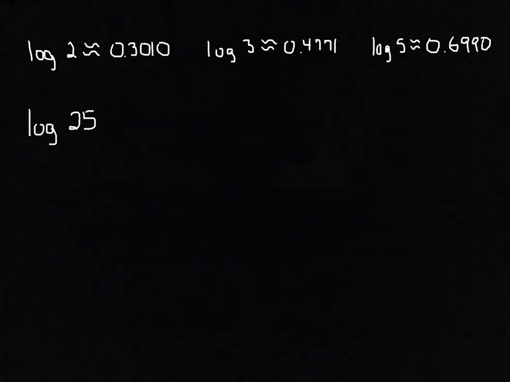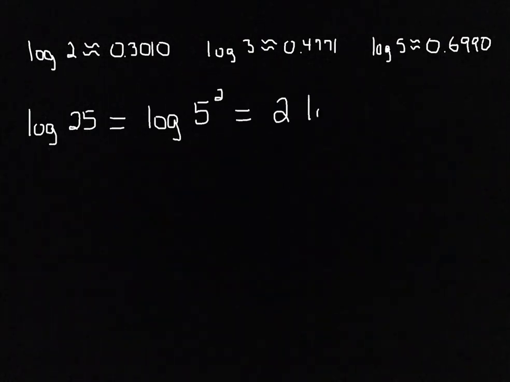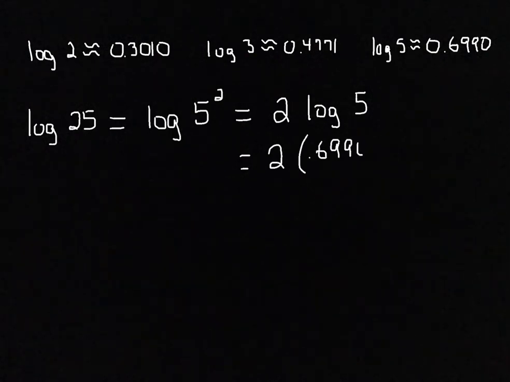So what we would do is we'd say, well, we don't know log of 25, but we do know log 2, 3, 4. Isn't log of 25 the same thing as 5 squared? Yeah. 5 squared is 25, and we know the log of 5. So if we wanted to convert this, we could say, well, this is the same thing as 2 log of 5. Now, we know what log of 5 is. Log of 5 is approximately 0.6990.